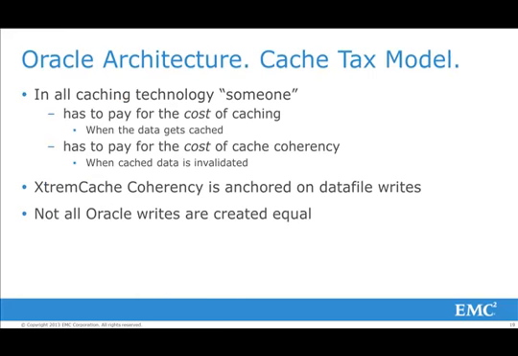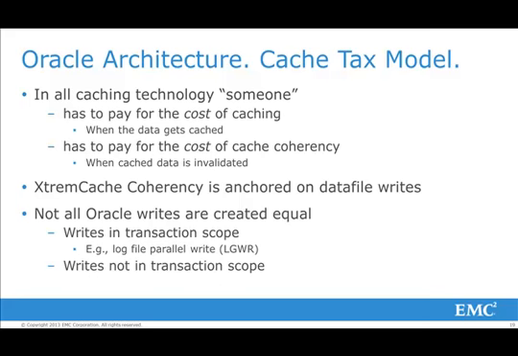Not all Oracle writes are equal. I'm drawing attention to the fact that cache coherency with XtremCache is anchored on data file writes. So we have to take yet another look at how there are differences in writes in Oracle and which are more important than others. A review for a lot of folks. See, not all Oracle writes are created equal. There are writes in transaction scope, that's log writer, log file parallel write, and there are writes not in transaction scope.